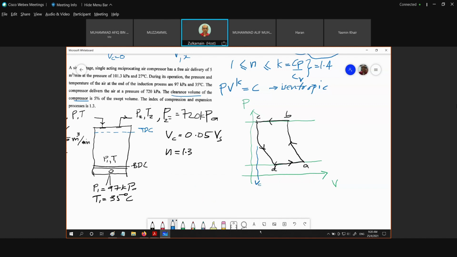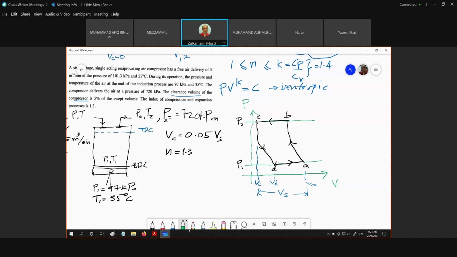This is our VA. This is our VD. And this is our VS. This is the swept volume. This is our pressure of P1. This is our pressure of P2. We can indicate the P, right?